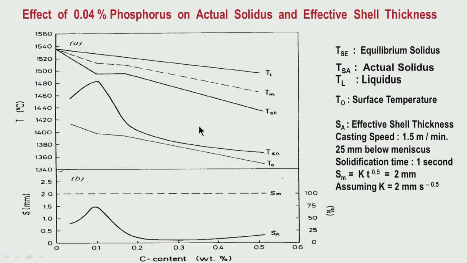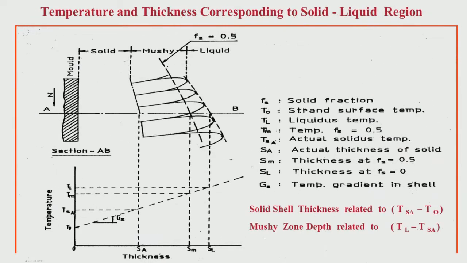Because of the suppression of the actual solidus, the consequence is the mushy zone is quite deep. I think I have discussed this earlier. If the actual solidus temperature comes down, the difference between the liquidus and the actual solidus increases. If this increases, the depth of the mushy zone also will increase. This is directly proportional. The mushy zone depth is related to the temperature interval between liquidus and actual solidus.